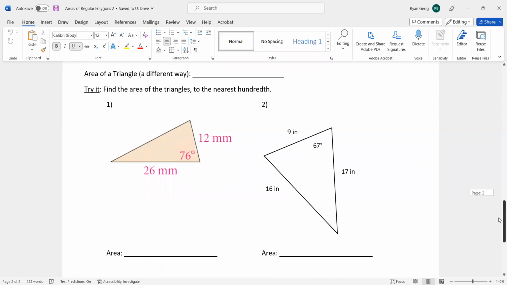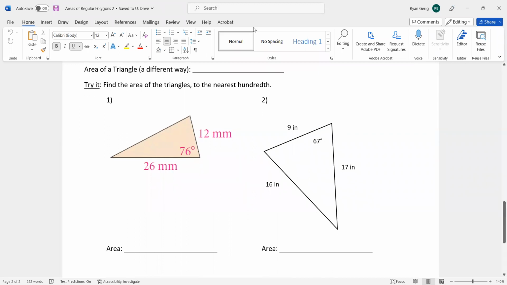All right, so first one's very straightforward. I gave you the two sides and the angle between them. So the area of this is 1/2 B. It doesn't matter which one's B. C is the other one. And then sine 76. It's literally that easy. Now I'm just going to type it in. 26 times 12 is 312 divided by 2.